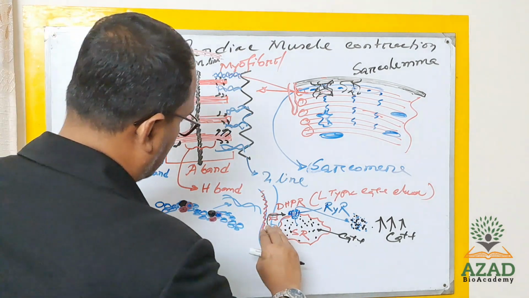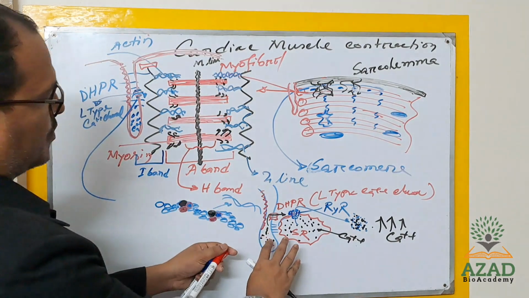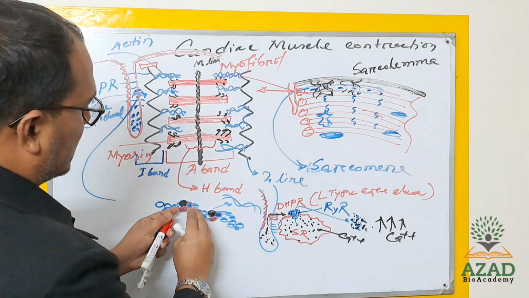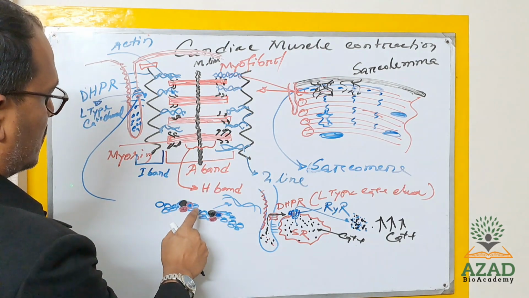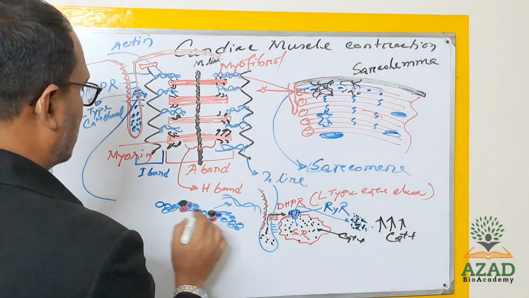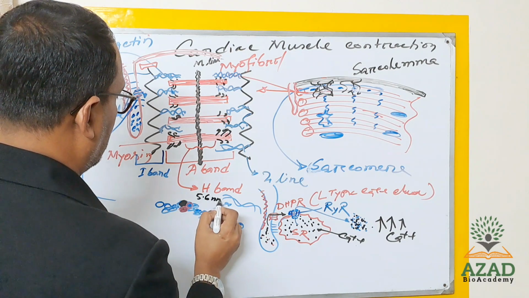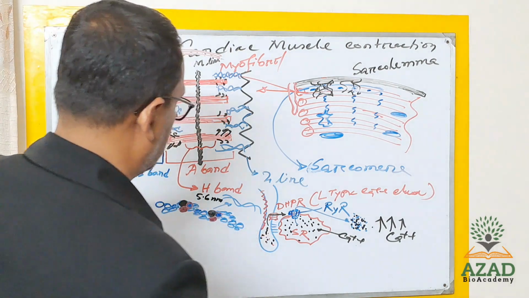In that way, multiple troponin protein complexes are there at every 7 monomer interval, roughly a 5.6 nanometer distance.